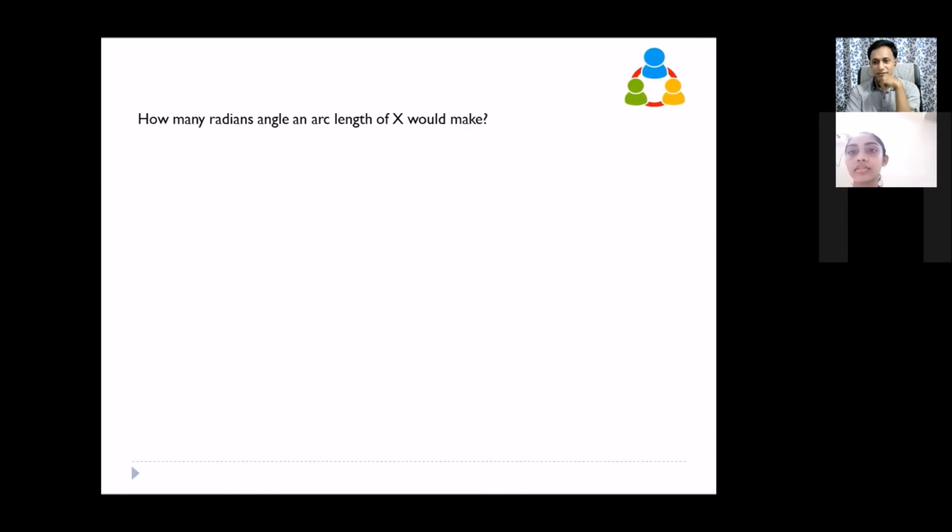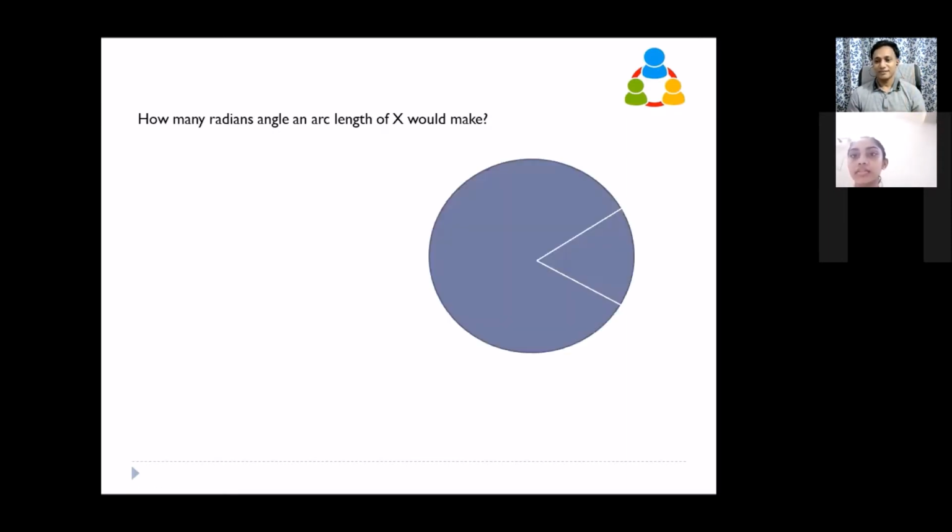So when you get into problems like this, you should first draw it. When you draw it, you will get an idea. What are we asking? How many radians angle should an arc length of x make? Any arc length of x. If this is x, what is this angle? Normally in degree you can't find it out, right?